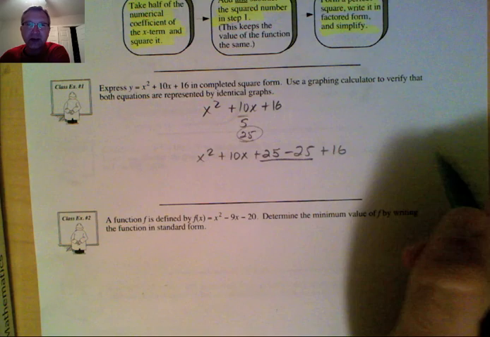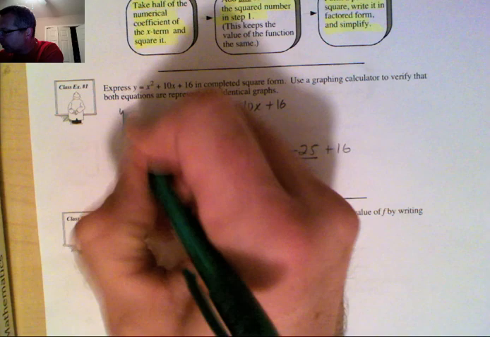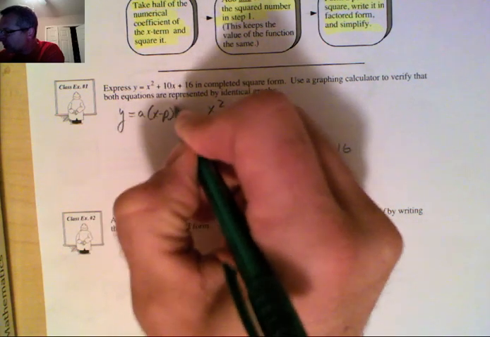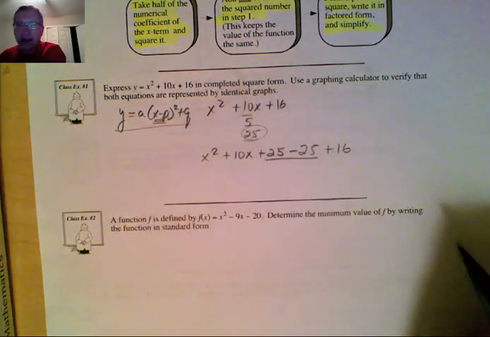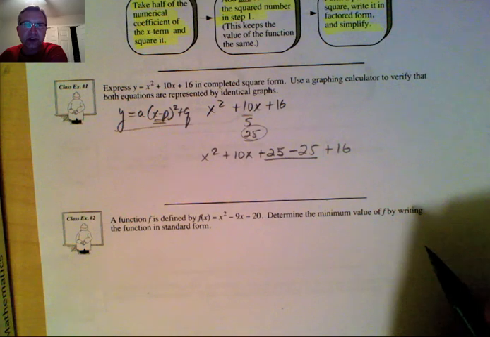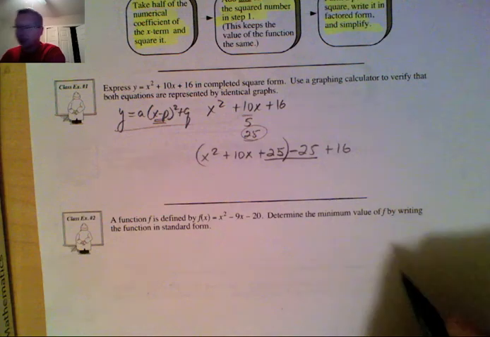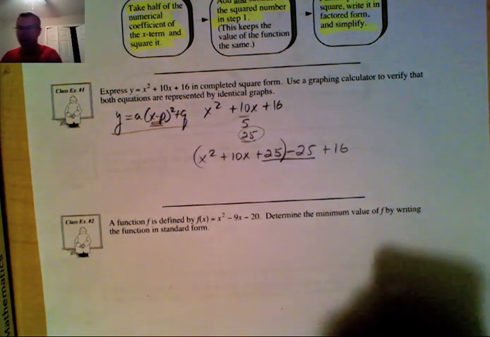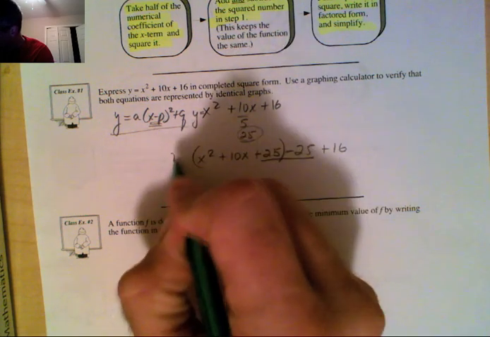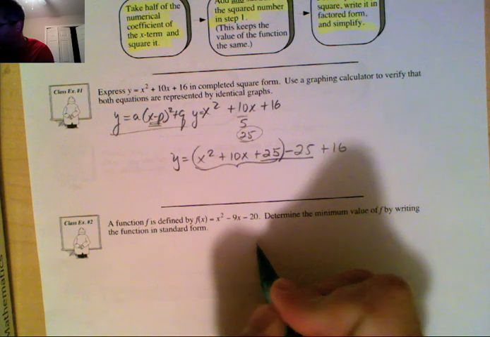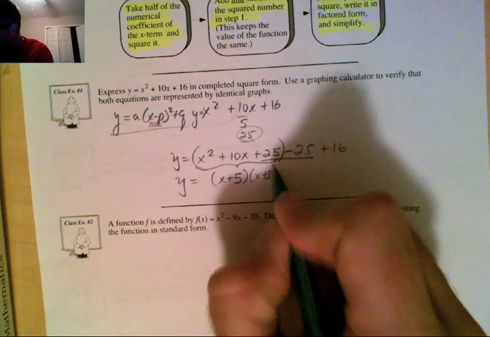But why do you want to add and subtract 25 to the equation? Well, remember, we're trying to put this particular equation into standard form. And standard form has a factor in it, which is squared. That means two binomials that are exactly the same. If we look at these first three terms, if we factor this quadratic, the factors of this quadratic are actually x plus 5 and x plus 5.